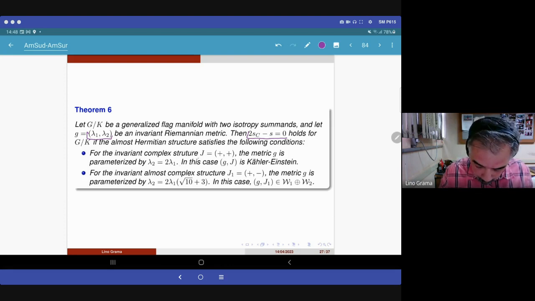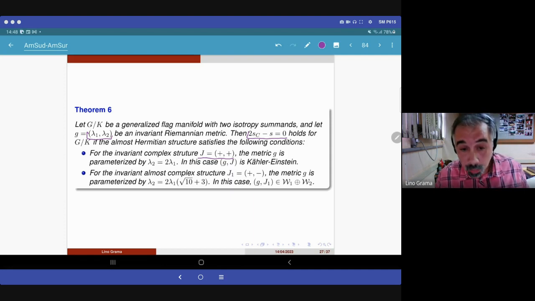In the case this invariant almost complex structure, parameterized by these two signs, is actually an integrable complex structure, then the metric is parameterized by this.